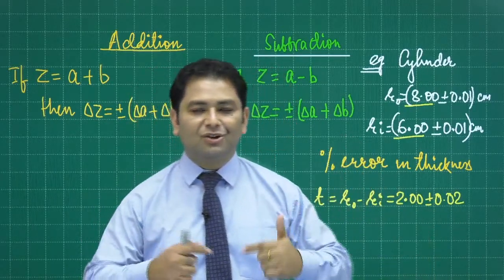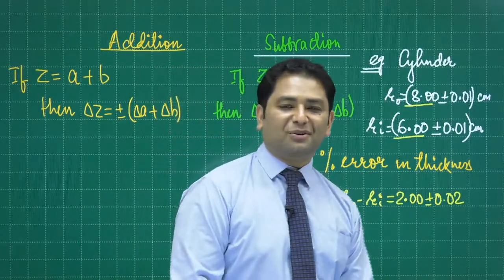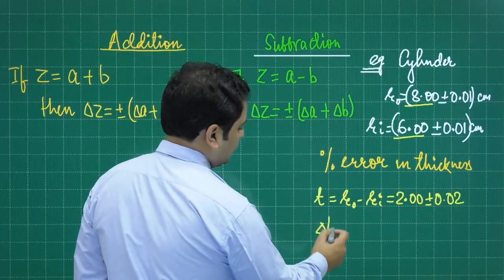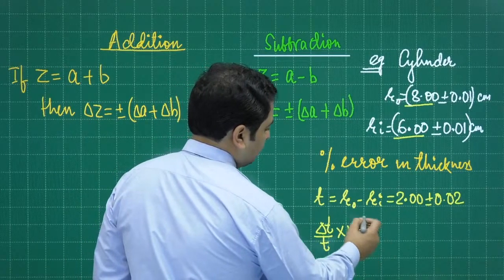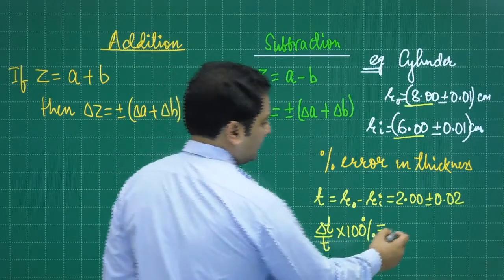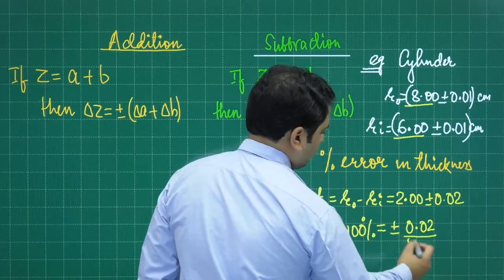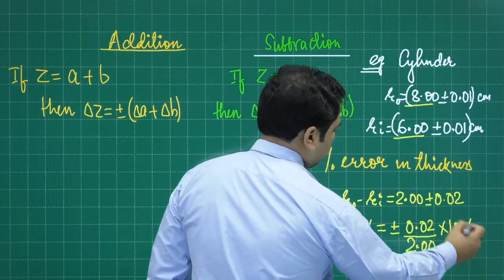But the question wanted you to work out further. You got to calculate the percentage error in thickness. So that's delta T by T into 100%. Let's say that is plus minus 0.02 divided by 2.00 into 100%.